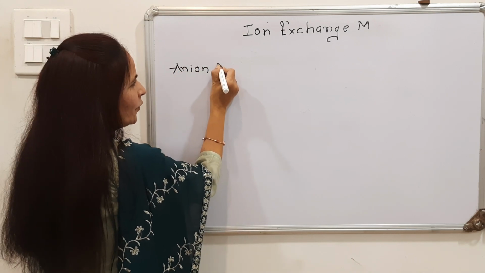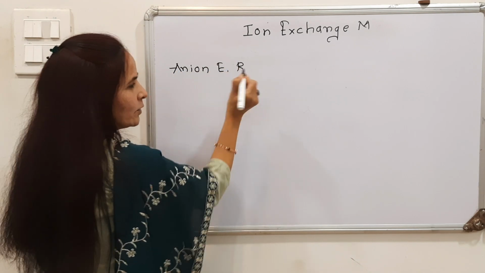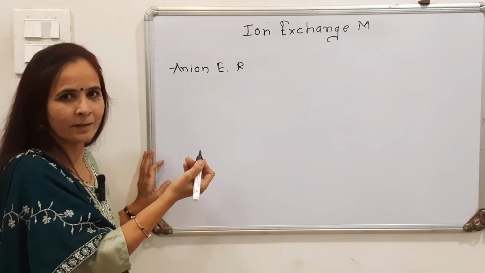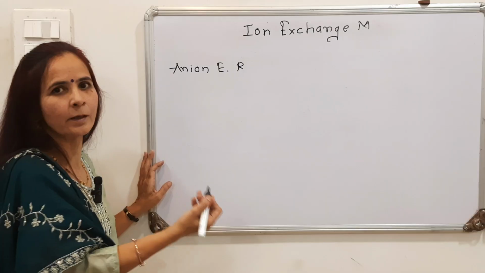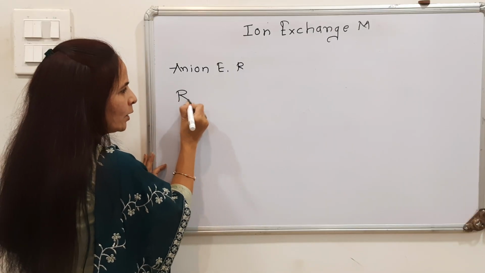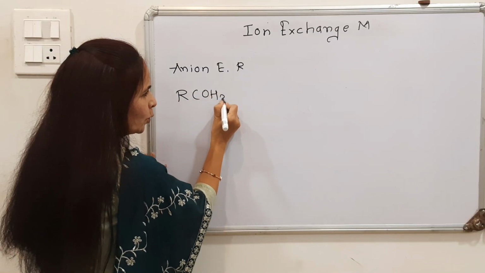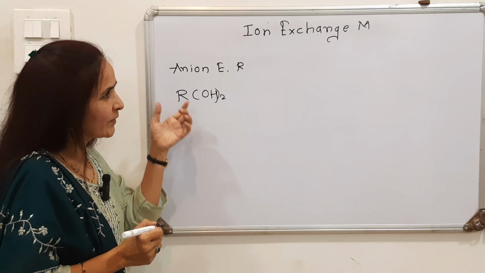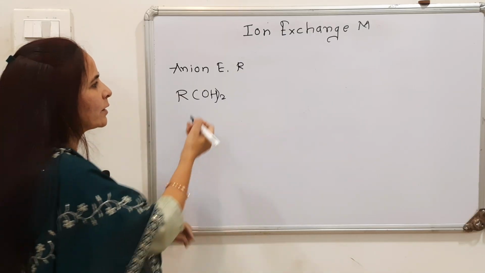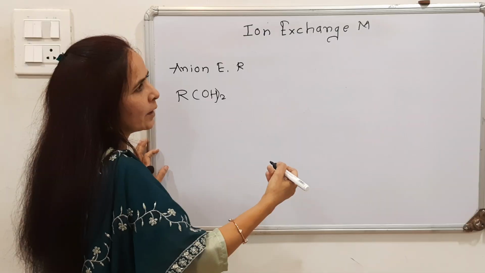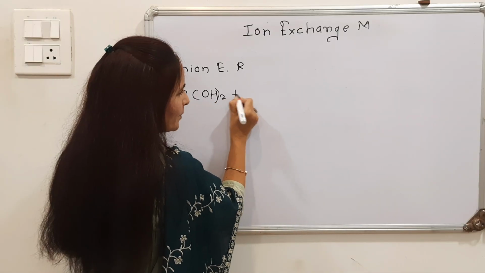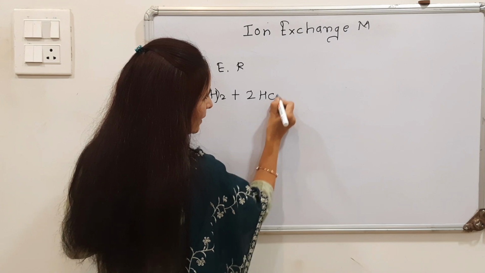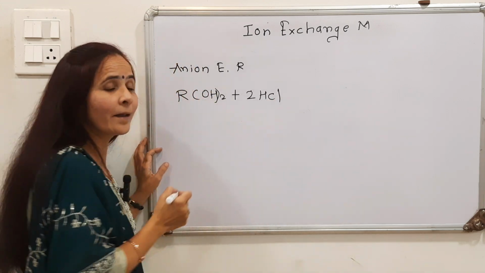In the reaction form, the anion exchanger resin is denoted by ROH2. Whenever cation-free water comes along and passes through the anion exchanger, suppose we have taken 2HCl, because it is acidic water.